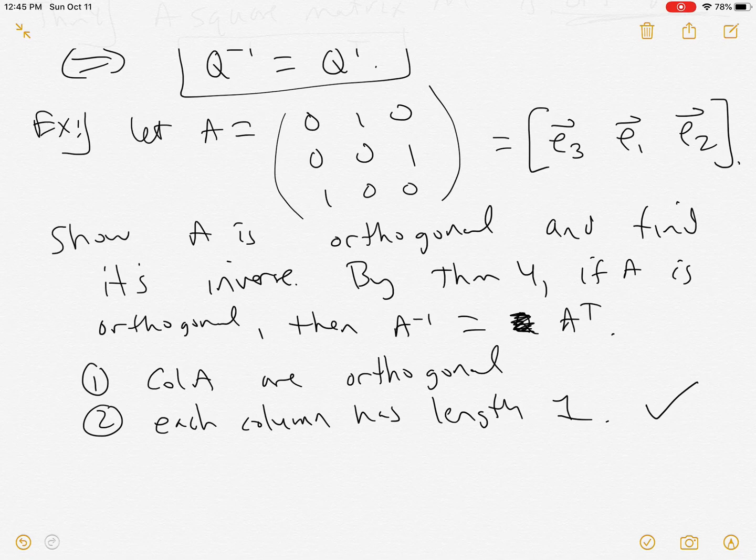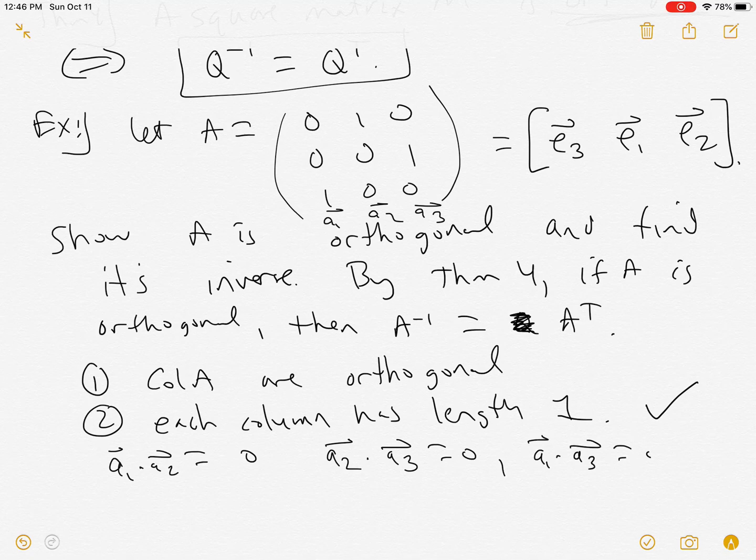We need to show the columns of A are orthogonal. And so I'll call these A1, A2, and A3. And sure enough, A1 dot A2 is 0. A2 dot A3 is 0. And A1 dot A3 is 0. Okay. So these three columns form an orthonormal set, and therefore A is orthogonal.